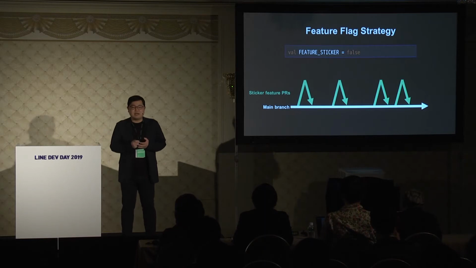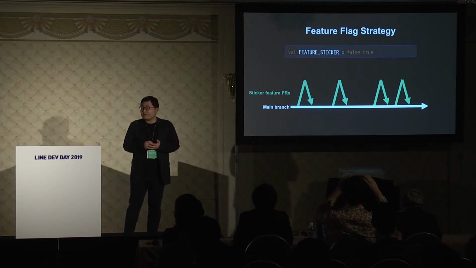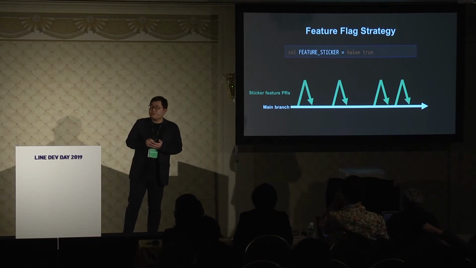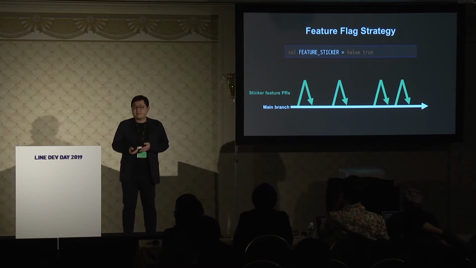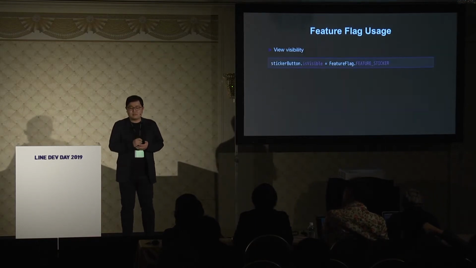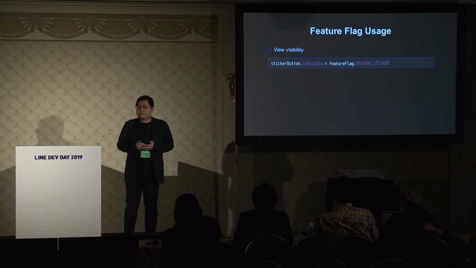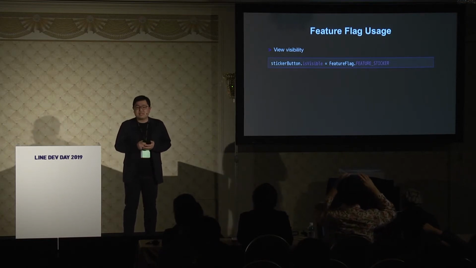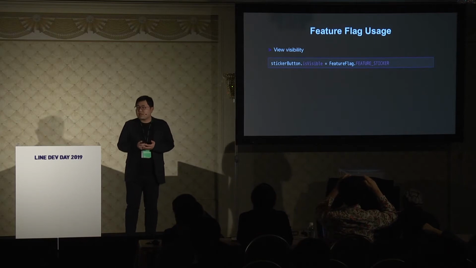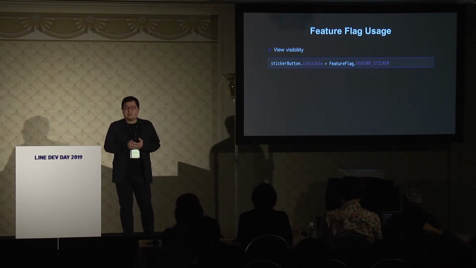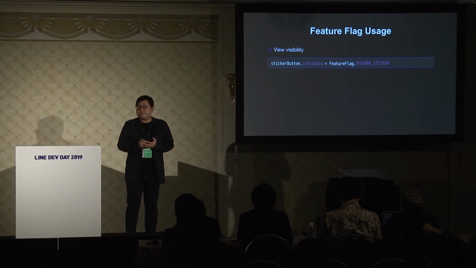When the feature is actually going to be released, this flag is set to true, and then we can make this feature valid. I would like to show you two examples of the value of this flag.